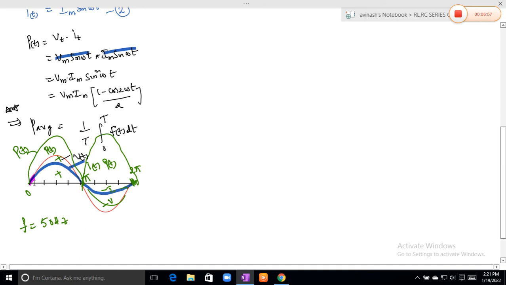But power completes two cycles. So if the frequency is 50 Hertz, then the frequency of power is 2 times the frequency, which is 100 Hertz.